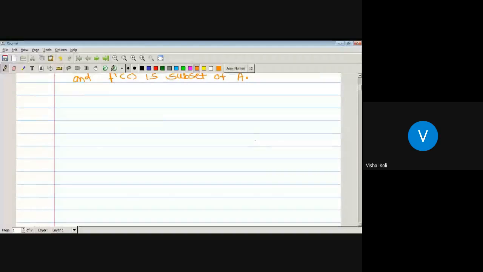Now we have to define the inverse function.